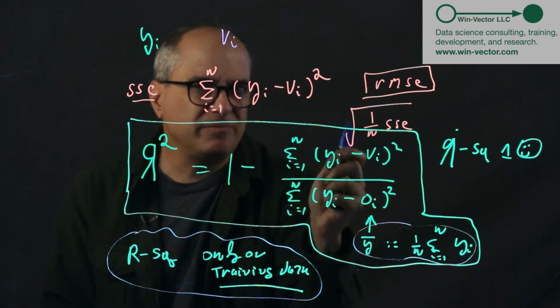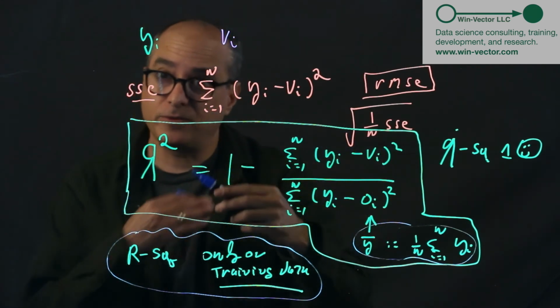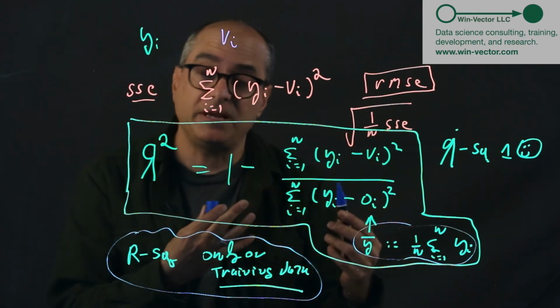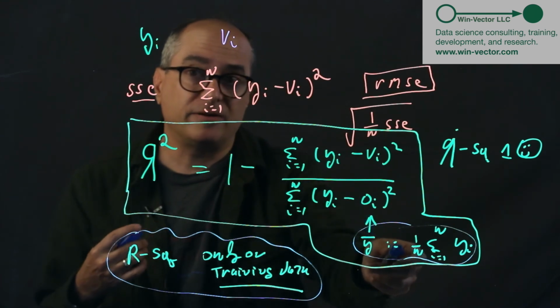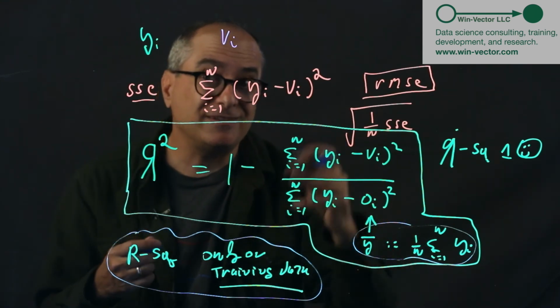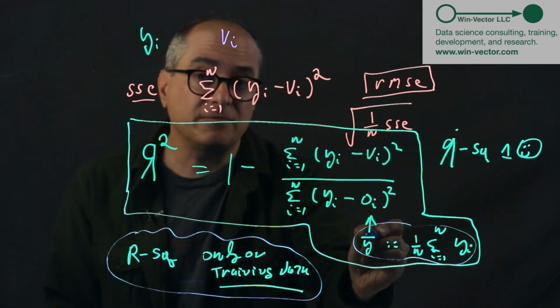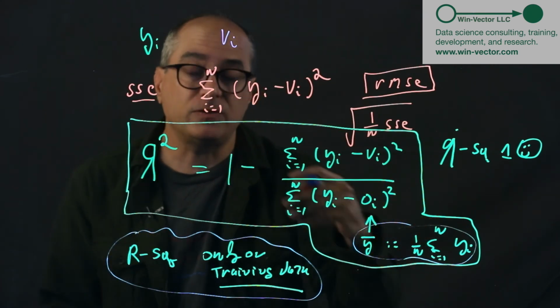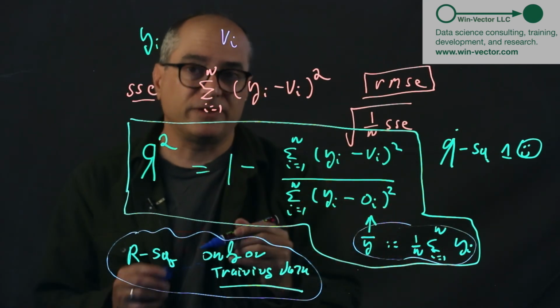So you maybe evaluate with respect to the mean you took on your training data to see if you're better than using that grand mean going forward. Or if you really need to make decisions that are better than treating everything the same, then you use the mean on the test data, because treating everything the same treats everything as if it's the mean without needing to know that mean. So even though you may not know the mean on the future test data, it's an interesting number to plug in for comparison.